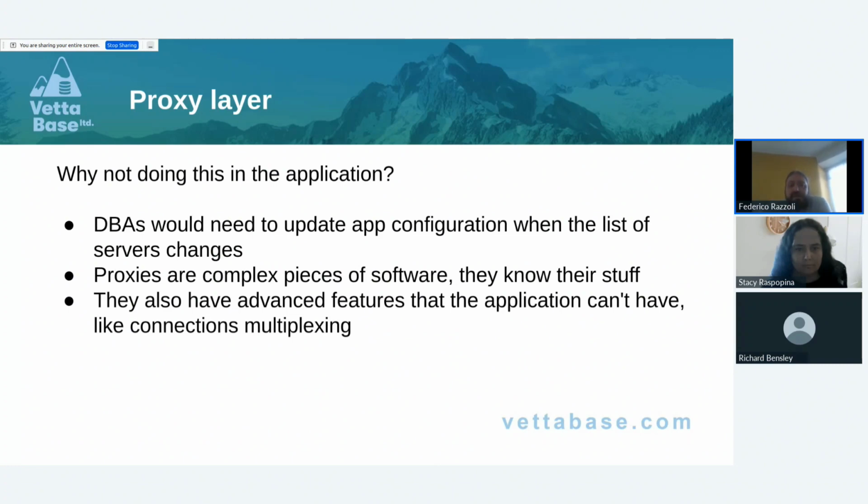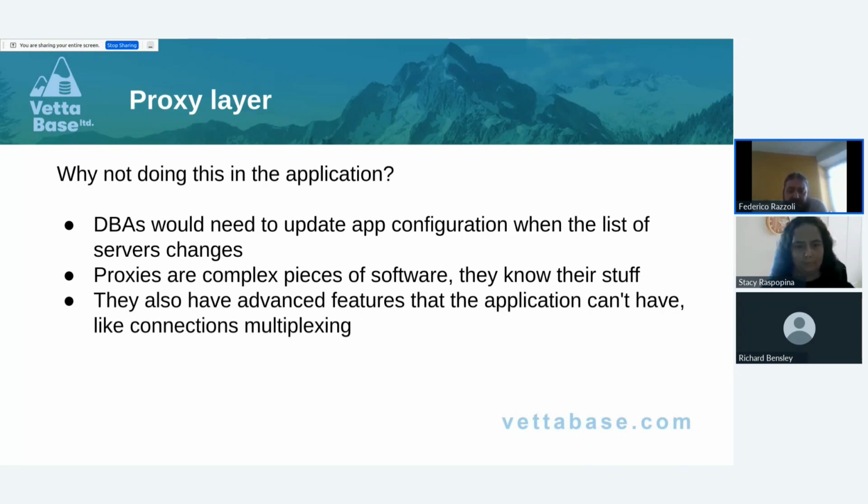Why not do this in the application? Sometimes I'm asked this question. Well, first of all, DBAs would need to update the application configuration to add new replicas, remove replicas, change IPs, and so on. It's not practical. But apart from that, proxies are quite complex, actually. They know how to do things properly.